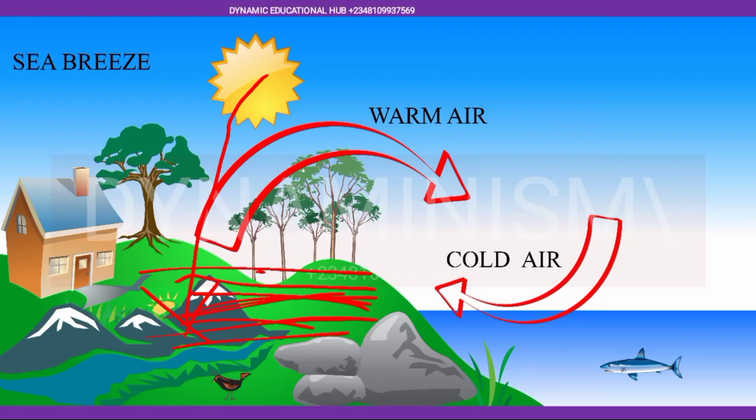Why will they have high temperature? It's very simple. The ground cannot absorb heat to that extent, so as the sun heats it, it releases the heat back. The layers of air above it automatically gain the heat and have high temperature.